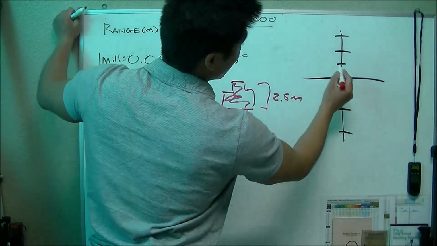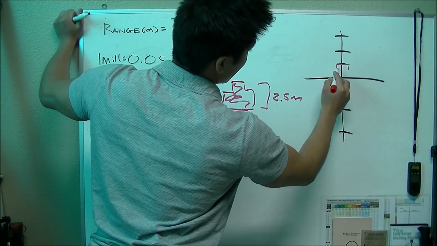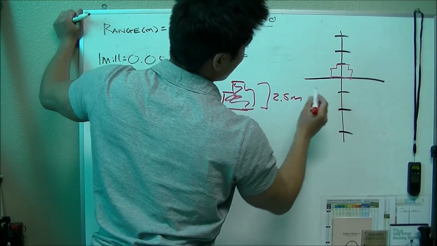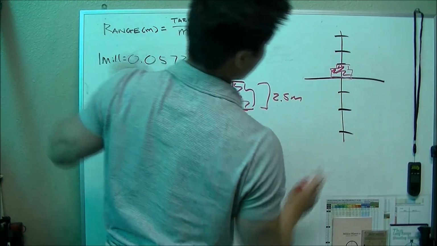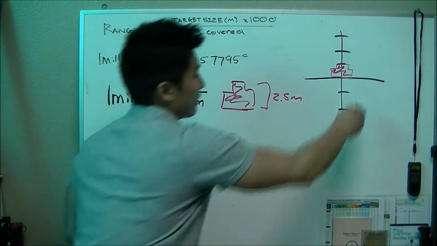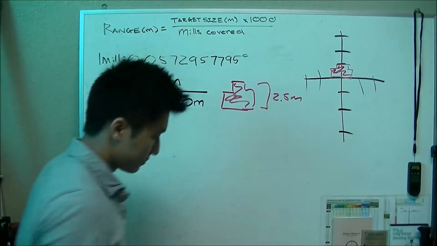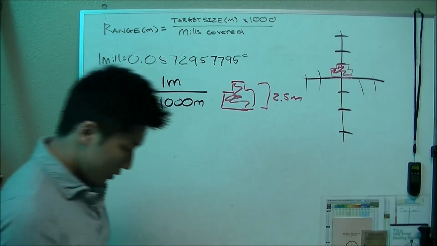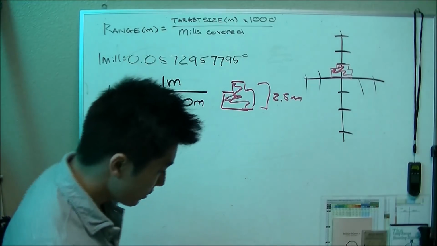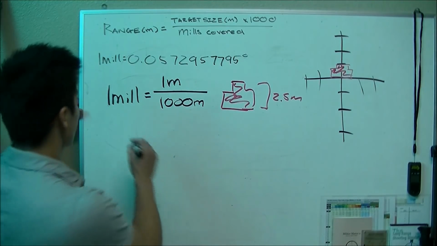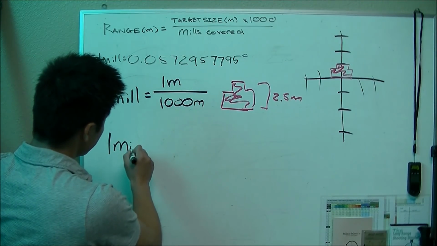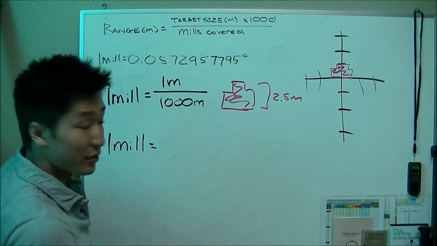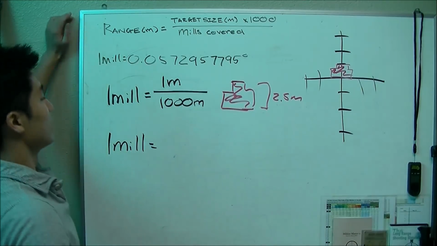And this one's still covered by 1 mil. Just like that, okay? So, 1 mil, it's just going to be a relationship, right?